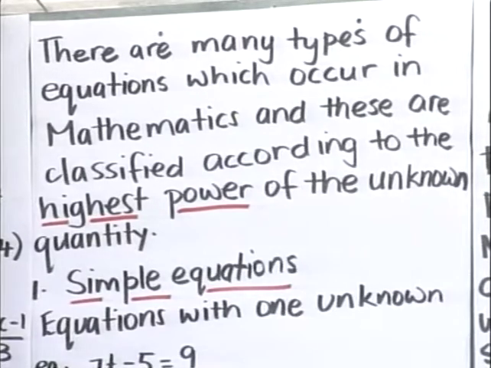Okay, the one that we are going to start off with is called a simple equation. As we go through this, we are going to look at simple equations, quadratic equations, and simultaneous equations. When you do grade 12, you look at what are called inequations, and you also look at absolute value equations.